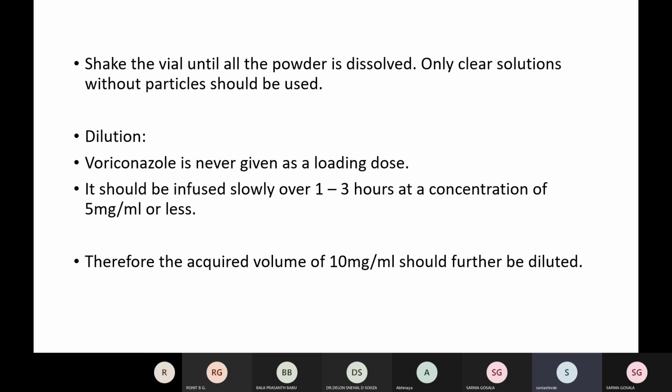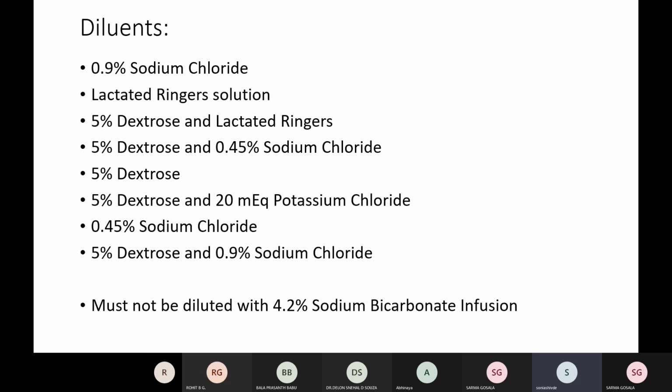Therefore, the required volume of 10 mg per ml we have to further dilute. To do this, we have certain diluents in which we can dilute this reconstituted liquid. 0.9% sodium chloride, lactated Ringer's solution, and 5% dextrose solution in combination with lactated Ringer's or half normal saline.